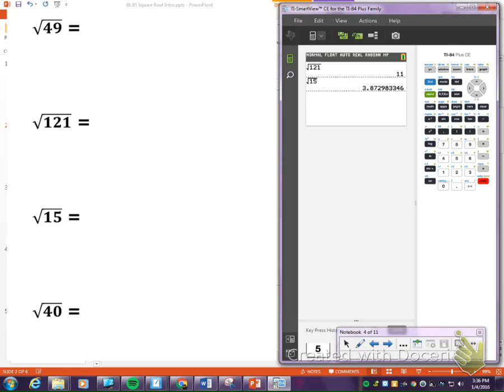Okay, whenever we have a situation like that, that is an imperfect square, and the best thing we can do is estimate it. So I can do this one of 2 ways. I can either say the square root is about 3.872, or we can say it's between 3 and 4.